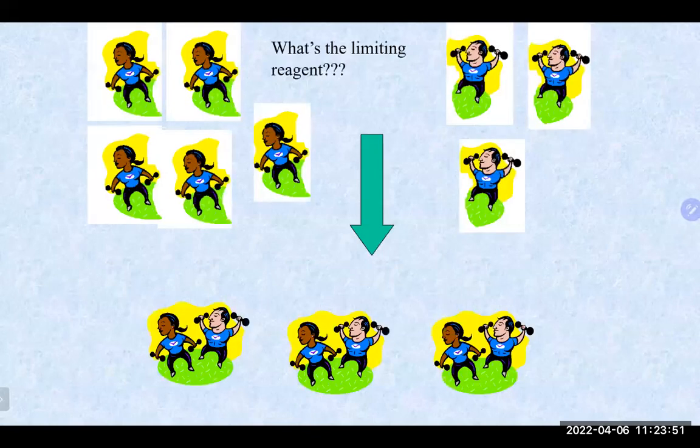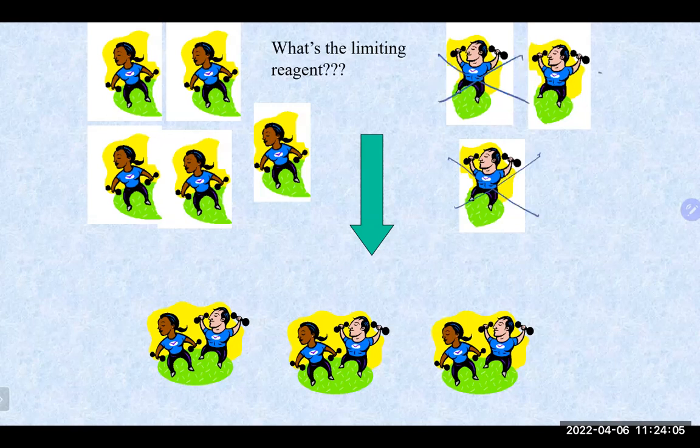So if we look at this here, we've got some female exercise people and some guy exercise guys. If we want to make exercise buddies, we need one of each. We can clearly see in this case, it is the guys that are the limiting reagent. As soon as we run out of guys, there's no more chance of making any more product. We could also see that in order to make each of those buddies on the bottom, we need one of each of these.